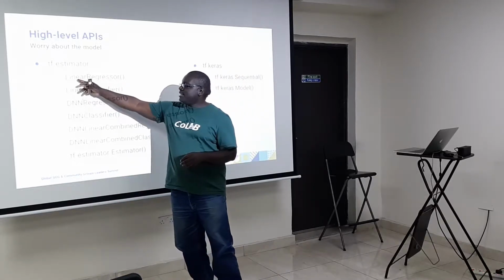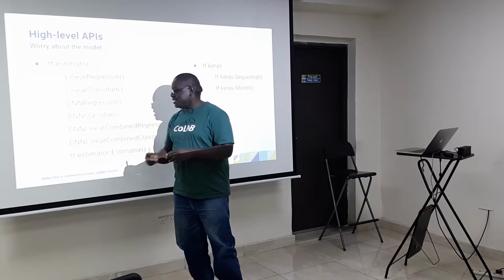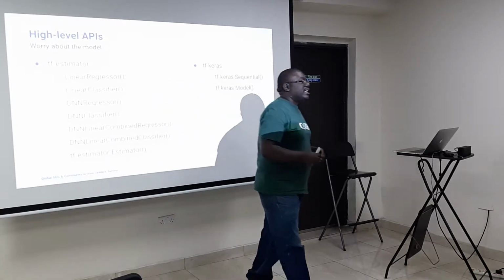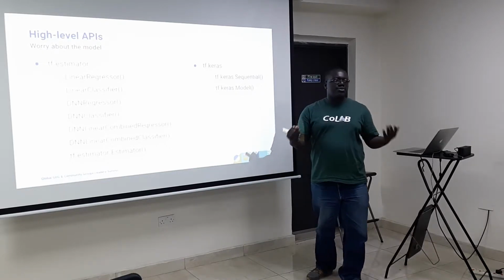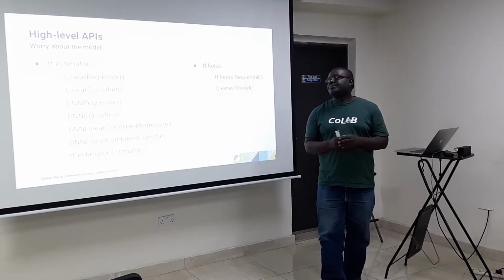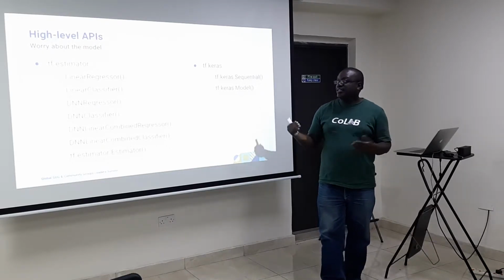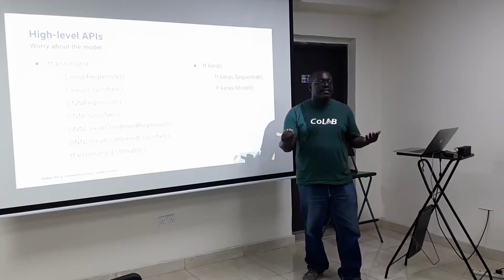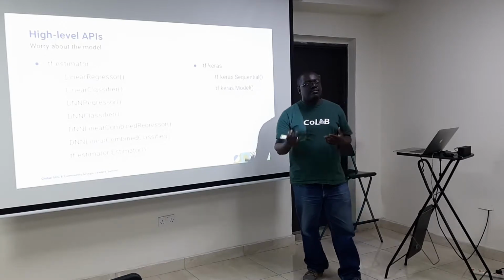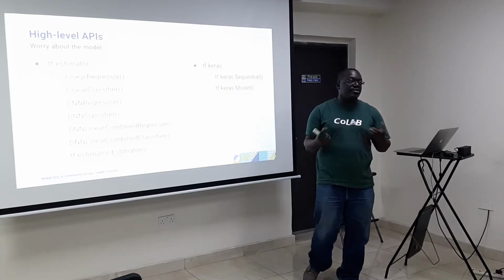So we have linear classes, we have DNN classes, and then we have combined classes. Linear classes are what we call shallow, meaning that when they're implemented as a neural network, you have only one layer with as many neurons as are required.